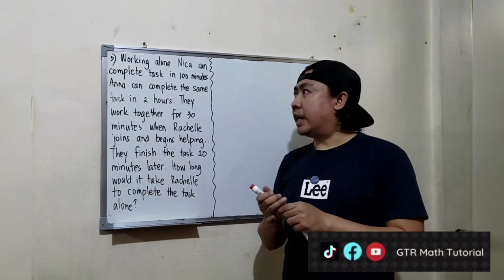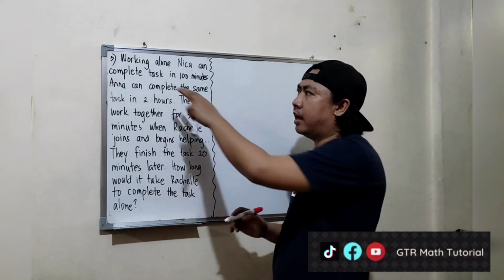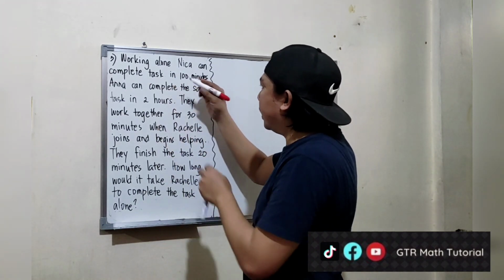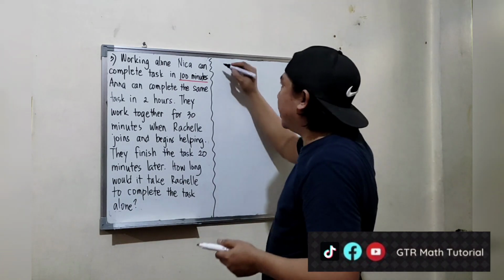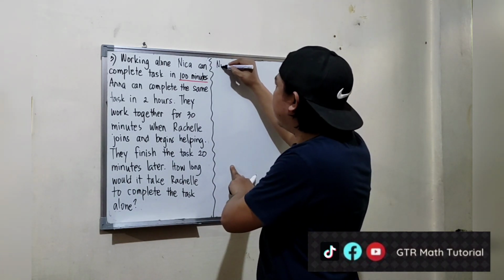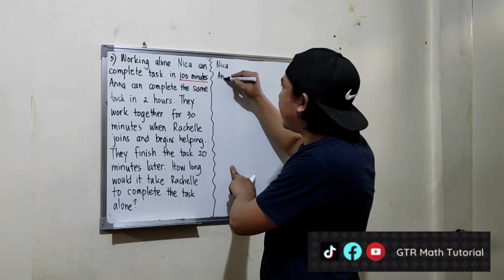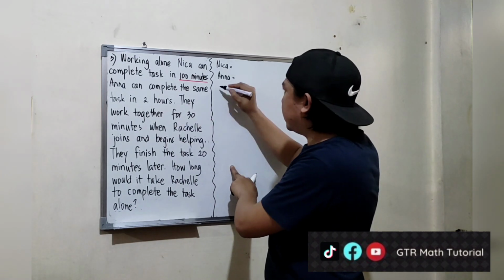Okay, so analyze muna natin mabuti ang problem. Kuhanin natin ang mga rate ng bawat isa. So, working alone, Nica can complete the task in 100 minutes. So, ang rate ni Nica is 100 minutes. So, sulat na natin isa-isa ang kanilang bawat rate. So, Nica, we have Anna, and then isa pa si Rachelle.